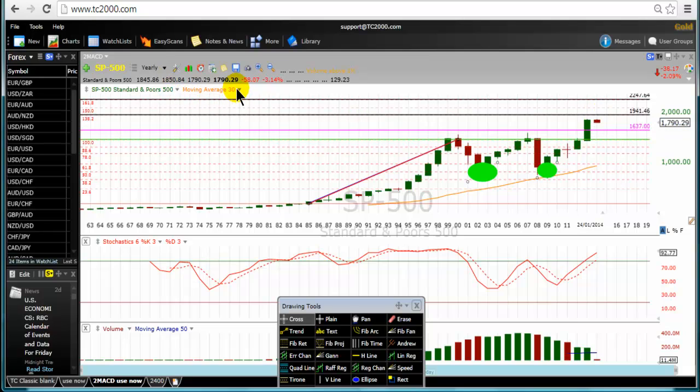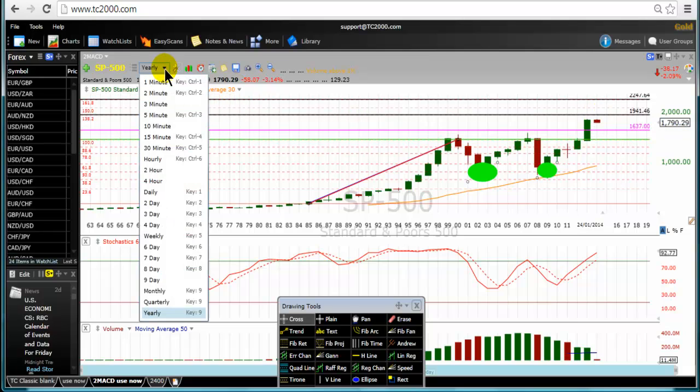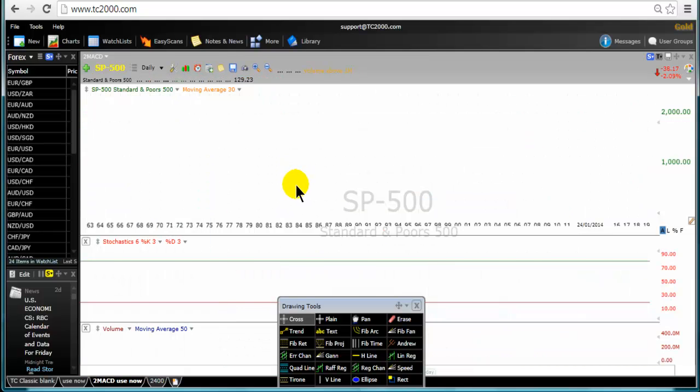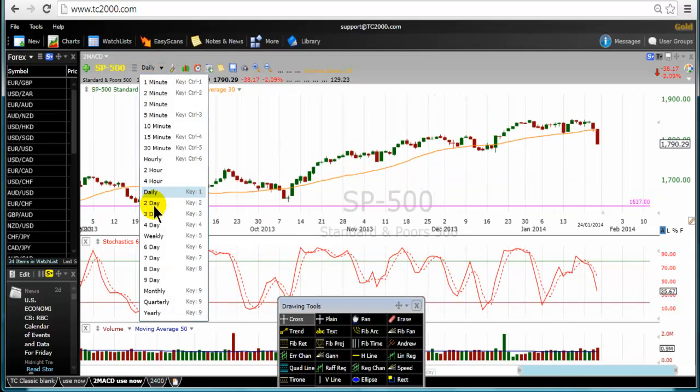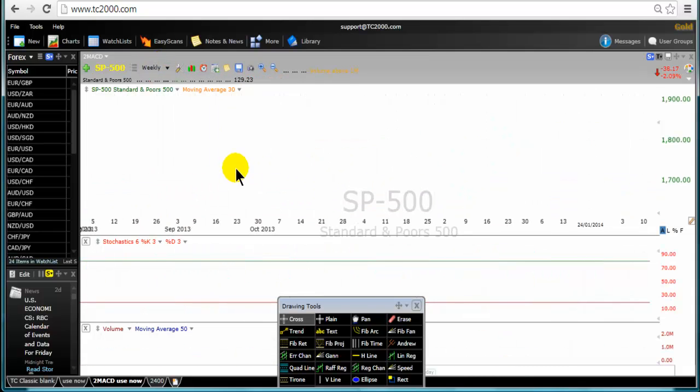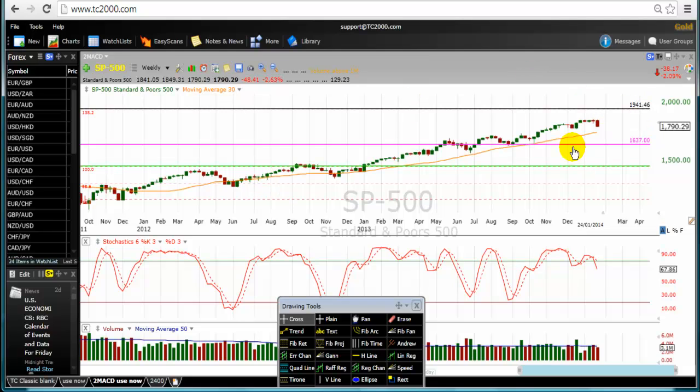So if I switch my time frame now, and I go to, let's see, the daily chart. Hopefully we see it, it's not visible here. I will go to the weekly chart. This is it, 1941. So the market is trying to retest that level. It's approaching it here.